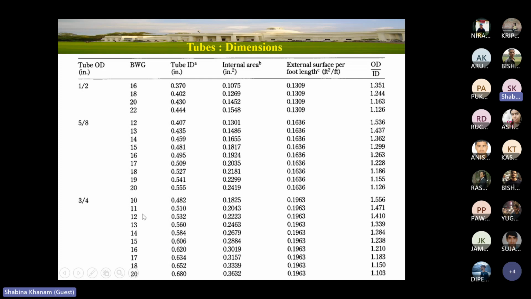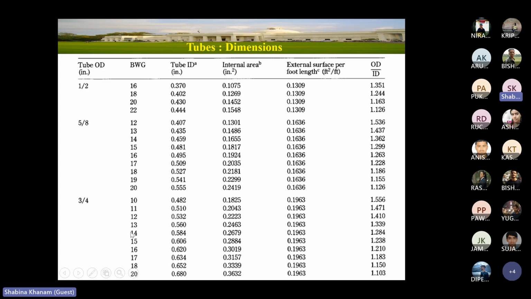From the whole range of 10 to 20, it is recommended to choose a value in between, because heat exchanger design is already an iterative method. If you choose a middle value, it will give more feasible results and fewer iterations.